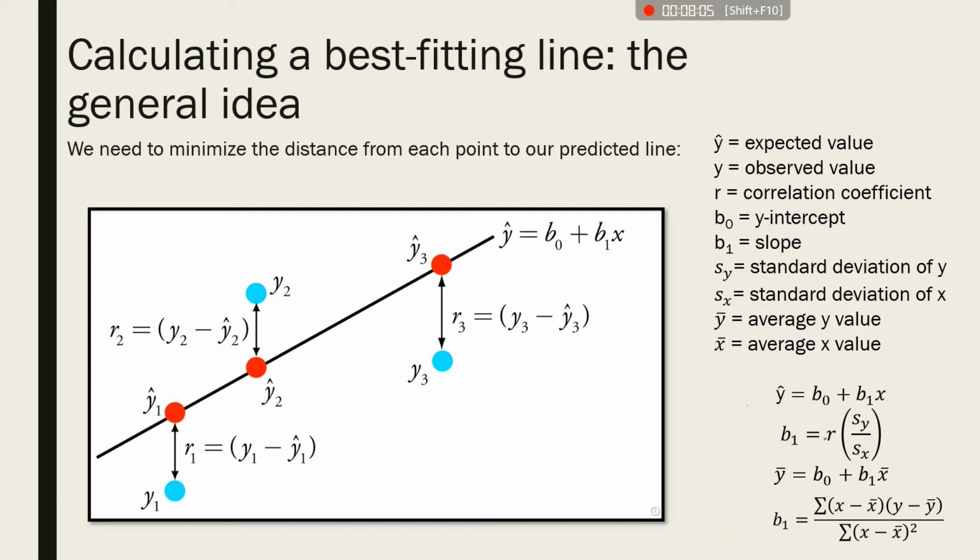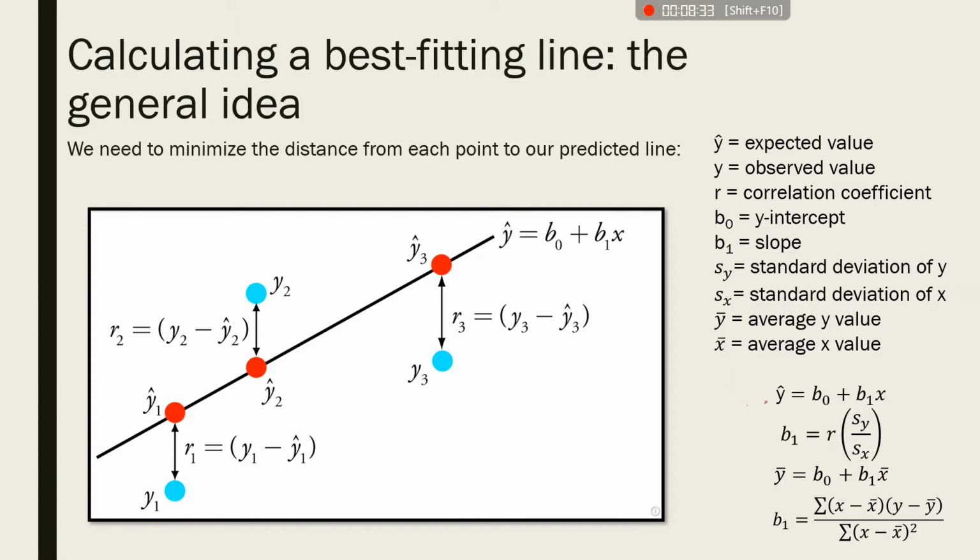So if you had a perfect correlation coefficient, then this would just be 1, and I would be multiplying by the standard deviation of y over the standard deviation of x to get our slope. So you can think of our correlation coefficient as a measure for how wrong our best fitting line's slope is compared to the standard error, the standard deviation of y and x.